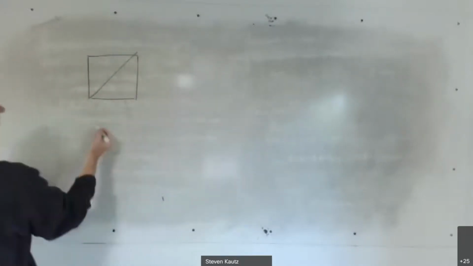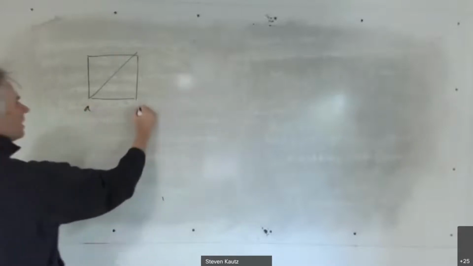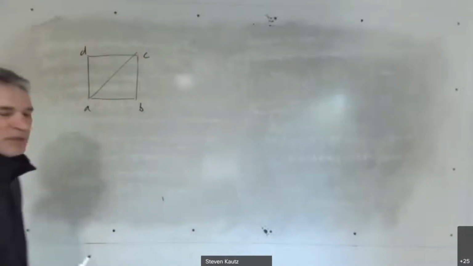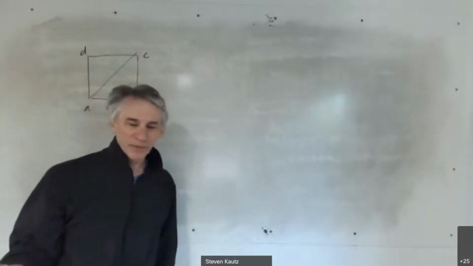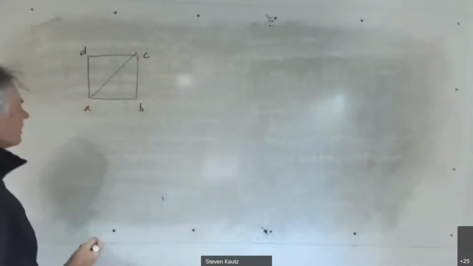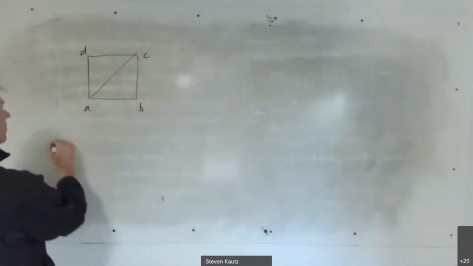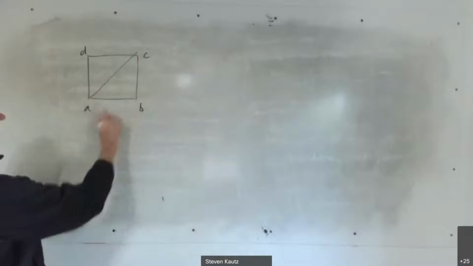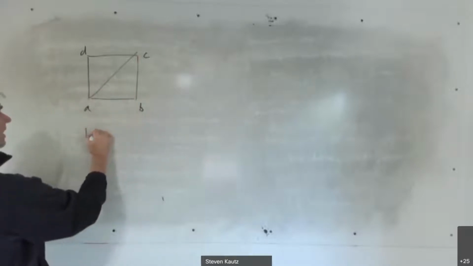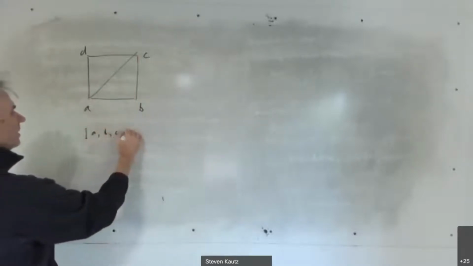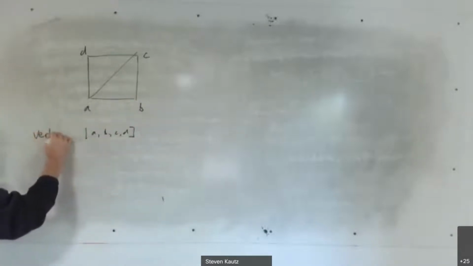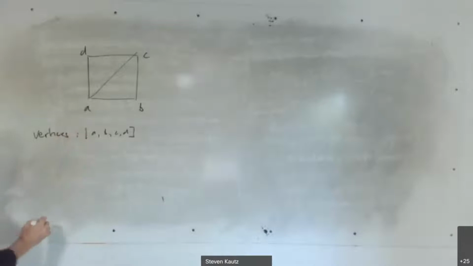So you've got some vertices, call them A, B, C, and D. Some numbers, right? Triples of numbers. So you've got your vertex data, and what you could do with this data is you could just create an array with the values A, B, C, D. So this is the vertex data.